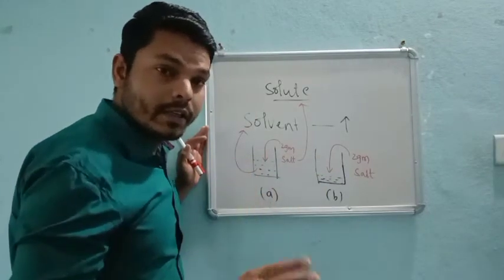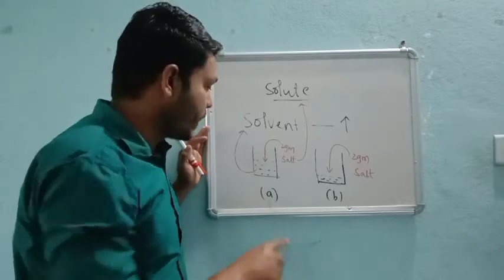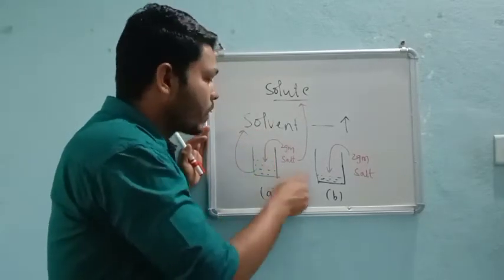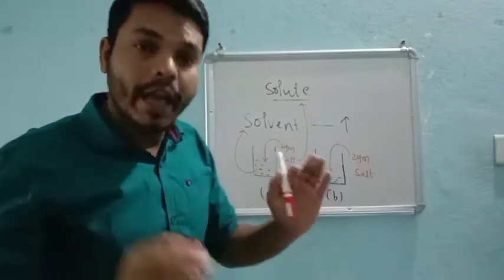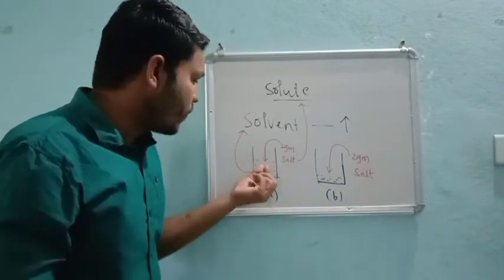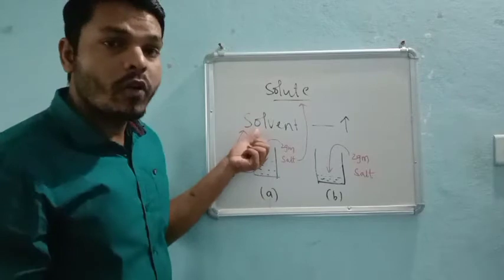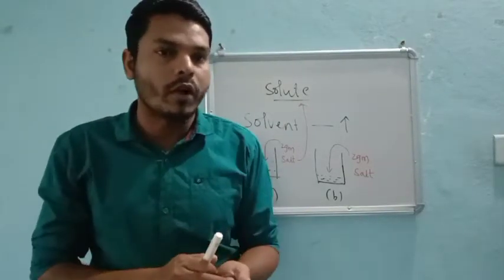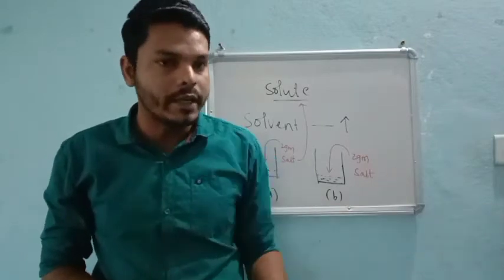What I am going to explain is, you can take the solvent concentration high or less, and the reaction still takes place. That means our reaction does not depend on the solvent concentration. If you take a small amount of water, the solubility takes place.